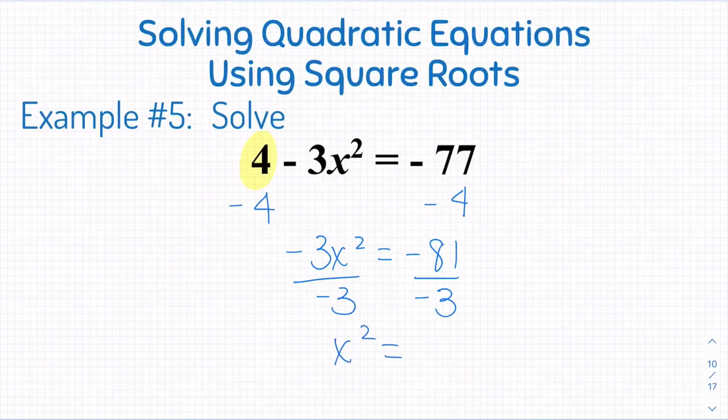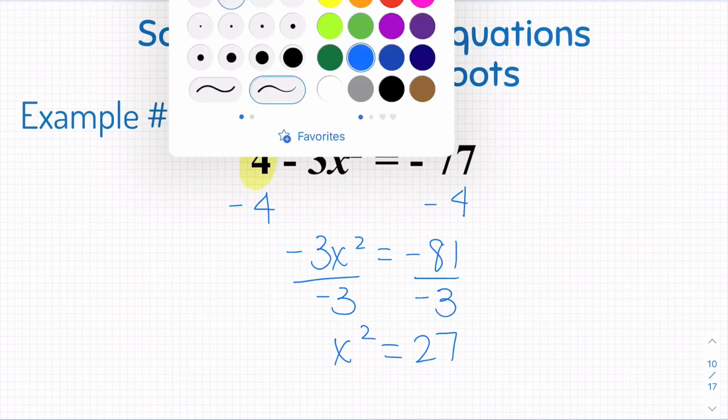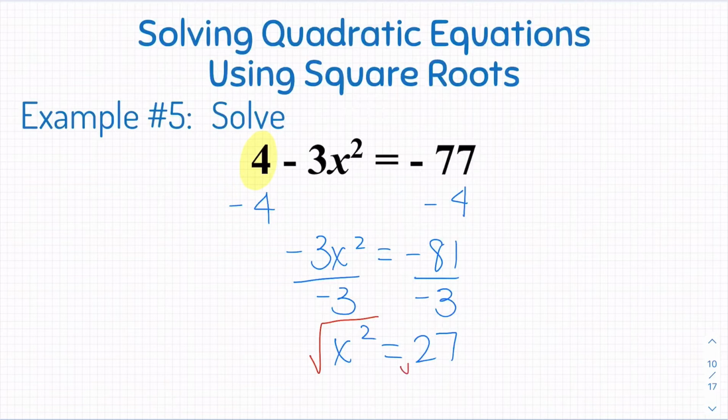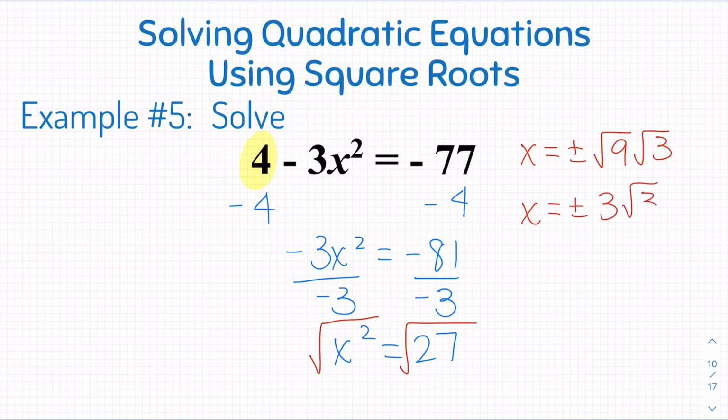So I get x squared equals 27. Then when I take the square root of both sides, I get x equals plus or minus radical 9 radical 3. So the final answer is plus or minus 3 radical 3.